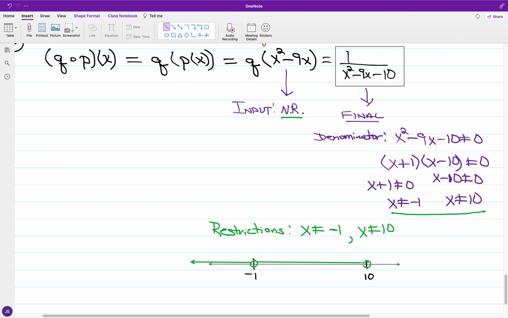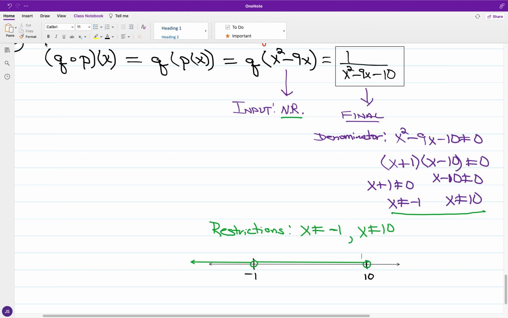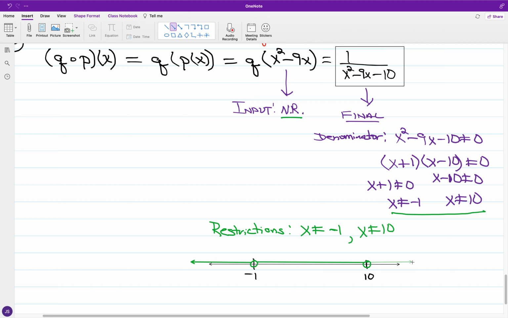For the pieces, we have a ray going to the left, a line segment in the middle, and for the rest, a ray that's going to go continuously to the right.